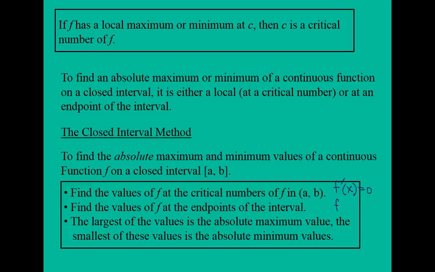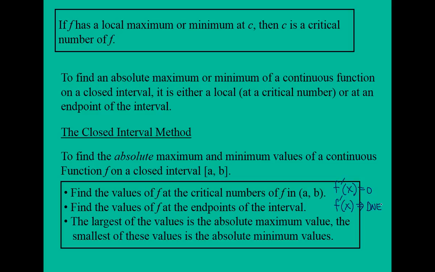And we're also going to look at what values of x make f prime of x undefined or does not exist. Those two give us the critical numbers that we're going to be checking on this interval (a, b). So those critical numbers need to fall in between this interval or we're not going to check those, because those would fall outside the interval.